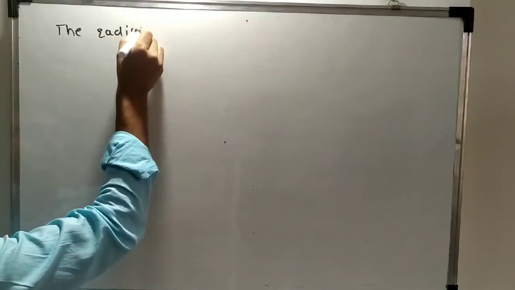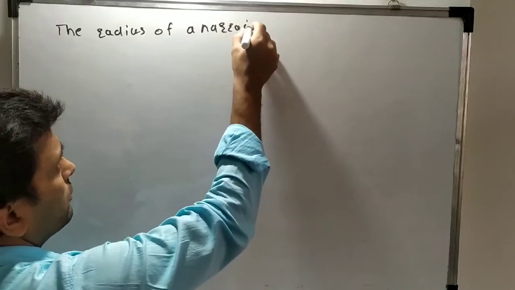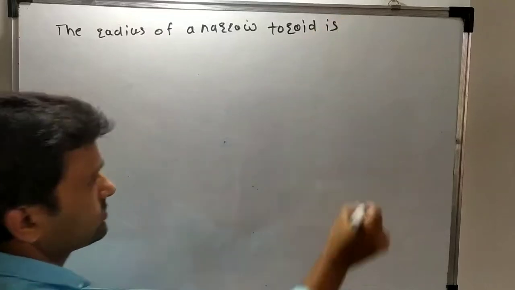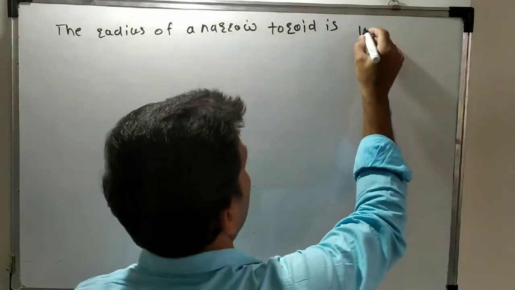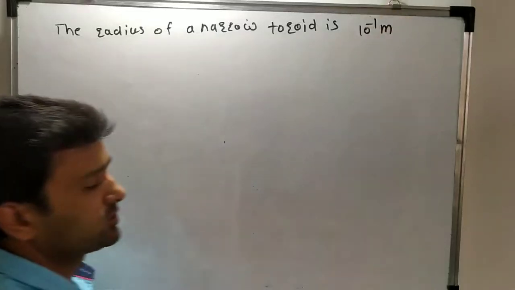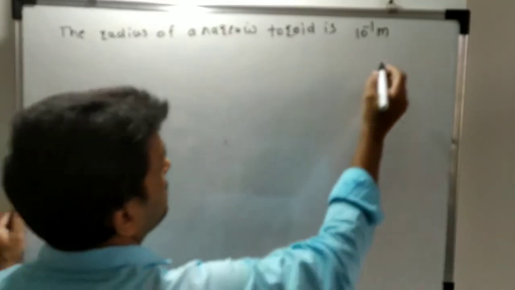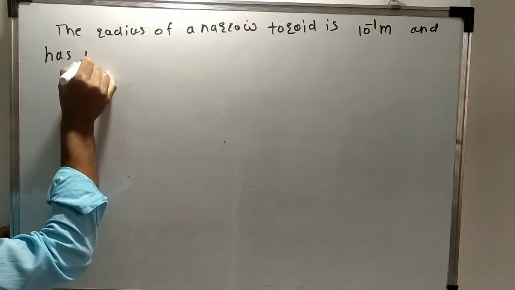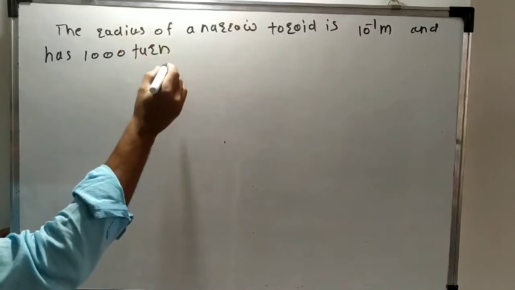The radius of a narrow toroid is given, it is 10 raised to minus 1 meter. What is the value of radius? It is 10 raised to minus 1 and has 1000 turns of wire wound on it. So the value of n is given.